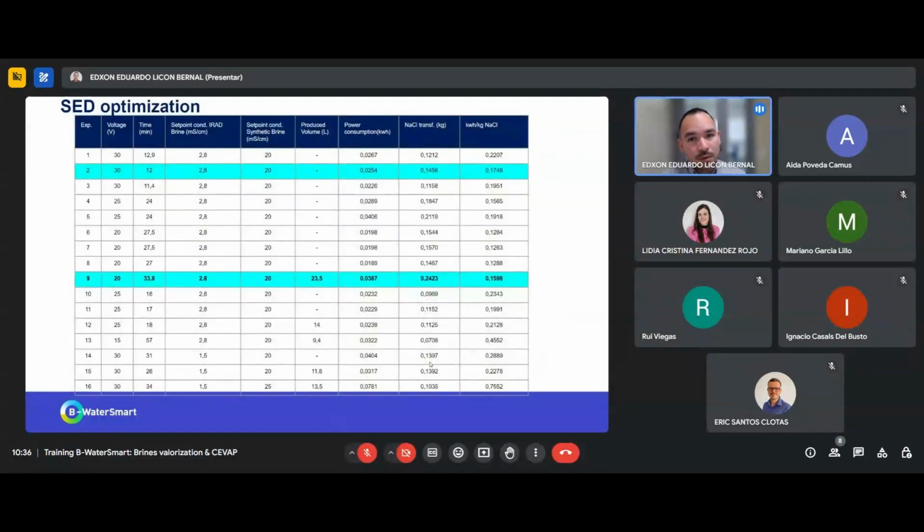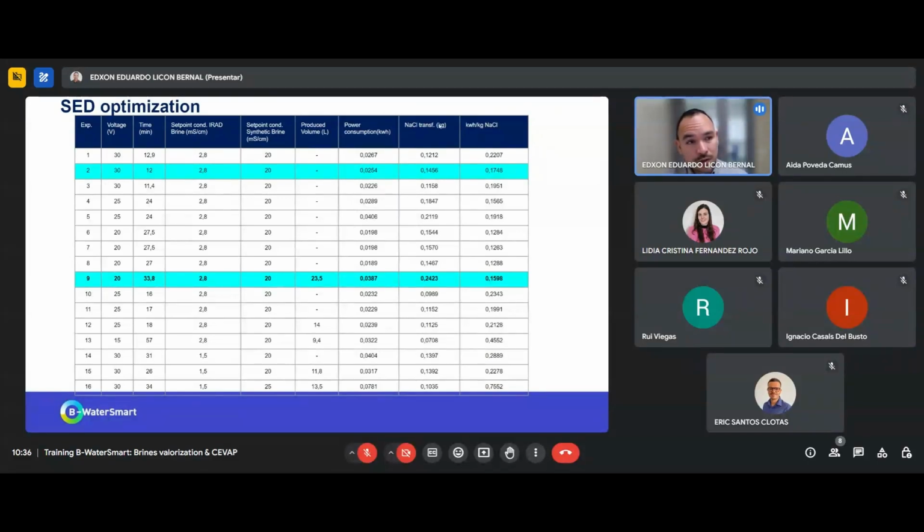So, talking about what we have done, basically we started with a conventional batch process in order to optimize the sodium chloride transfer from the brine that comes from the reverse osmosis, and a synthetic brine that will be concentrated due to the transfer of these ions that will be used to ultimately produce the sodium hypochlorite.